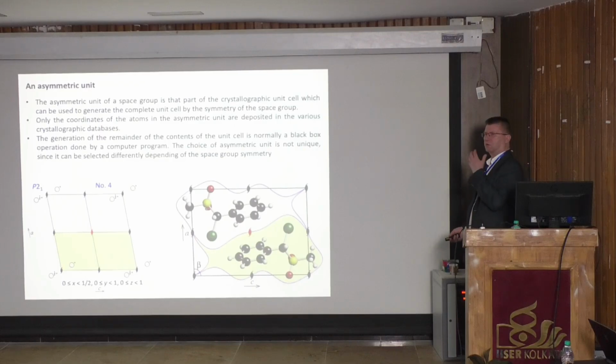And if there were a fourfold symmetry, then the asymmetric unit would be 1/4 of the unit cell. So we don't have to determine all the atoms in the unit cell. We determine only those which are in the asymmetric unit. It's like splitting the unit cell into smaller parts which are all equal. That is actually the point.